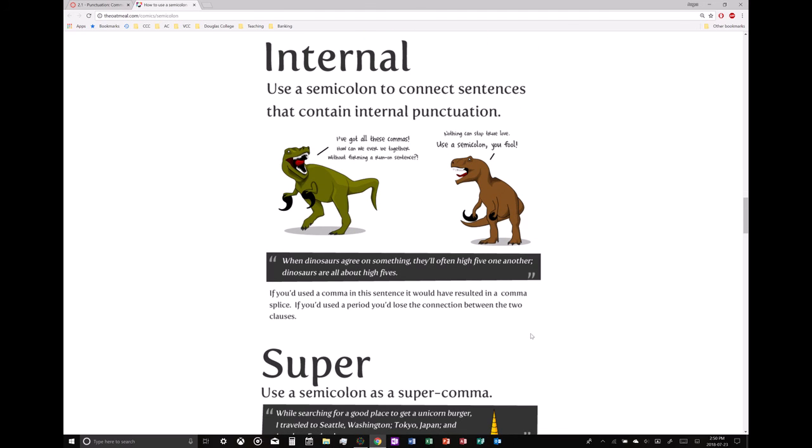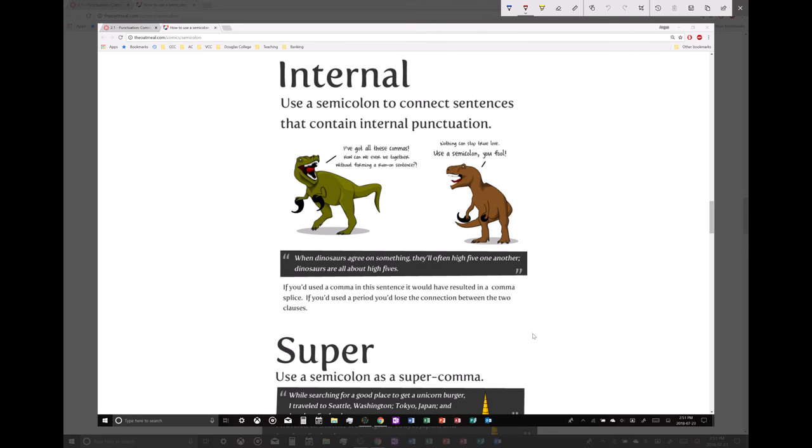There are other uses for the semicolon as well. You can use it within the sentence, especially if the sentence has been broken down into parts where there's a comma in it. Let's take a look at that. So here we're looking at using a semicolon to connect sentences that also have internal punctuation. Usually those are commas. And the sentence reads like this.